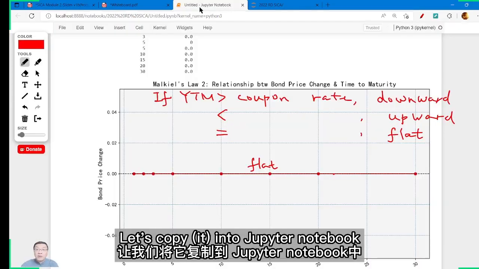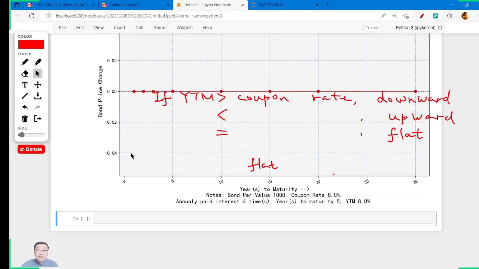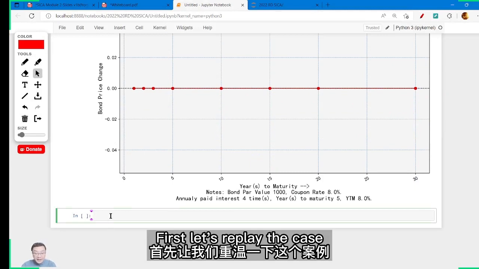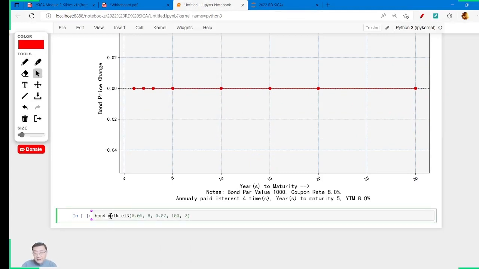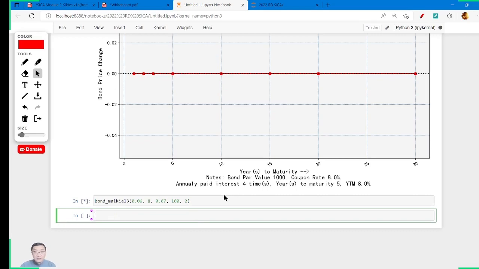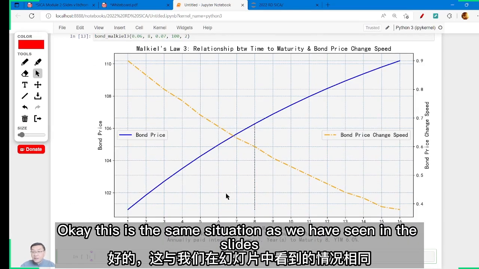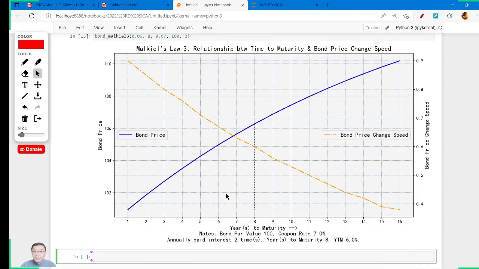Let's copy it into Jupyter Notebook. First, let's replay the case. This is the same situation as we have seen in the slides.